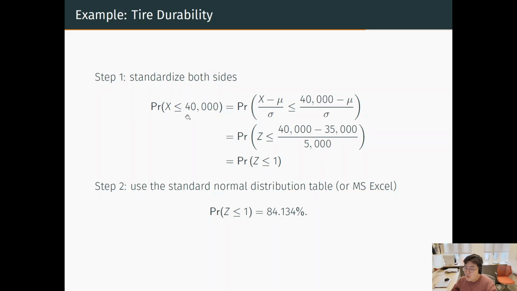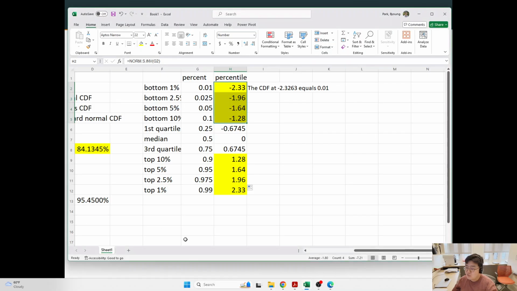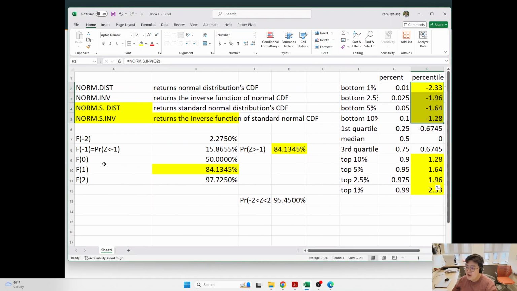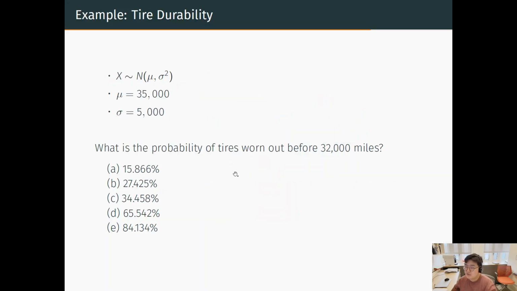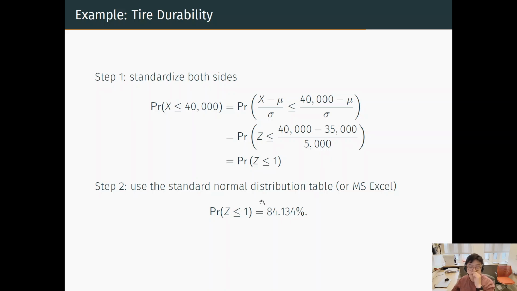So the complicated cumulative probability becomes a cumulative probability for a standard normal distribution, which we know how to calculate on Excel. We calculated that. This is the cumulative probability. Okay? So this is the probability z smaller than 1. That is the answer to this question.